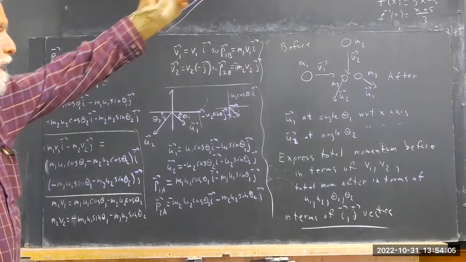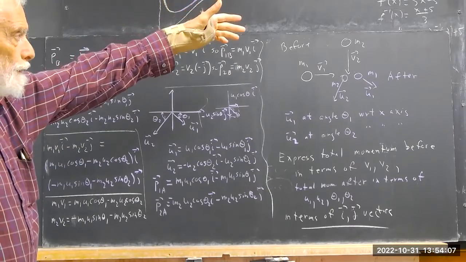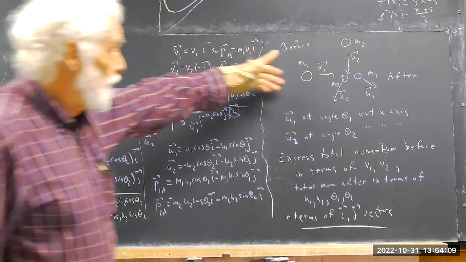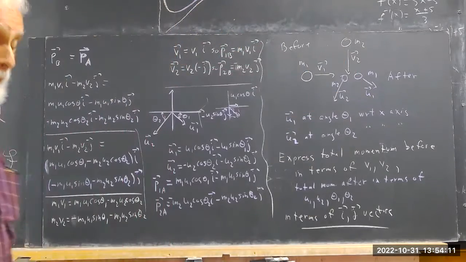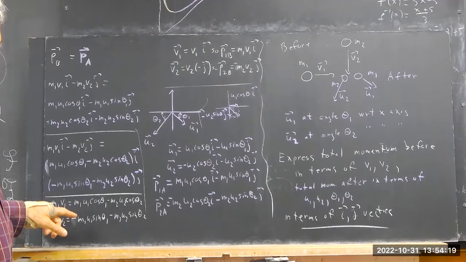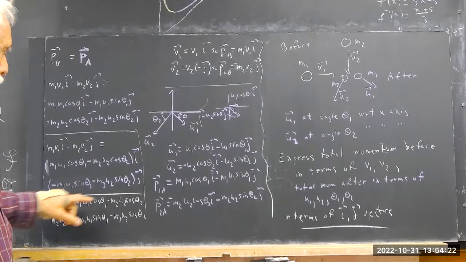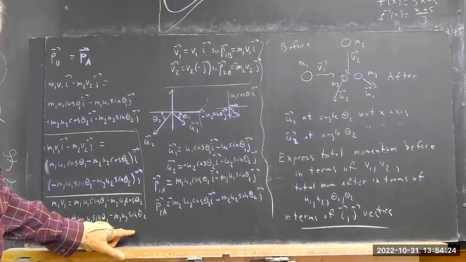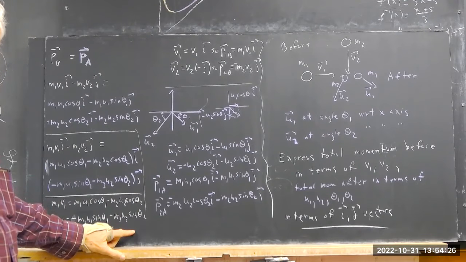If we know M1, V1, and M2 and V2, we know the initial velocities. Now we know this and we know this. And if we know U1 and U2, we know this. So all we have are the unknowns theta 1 and theta 2.